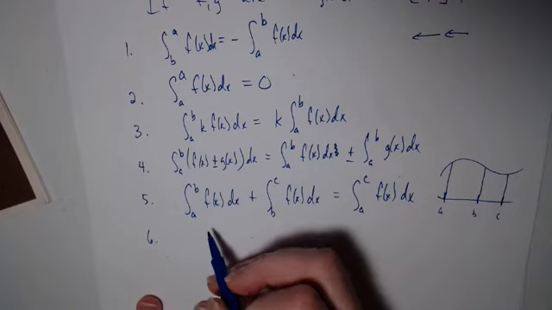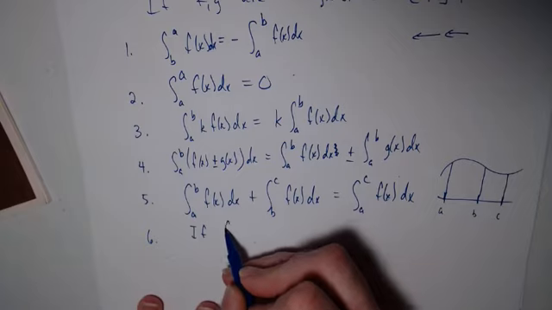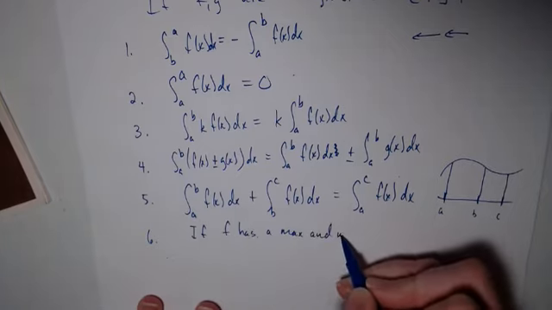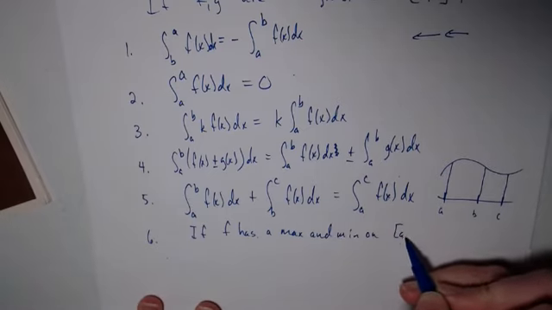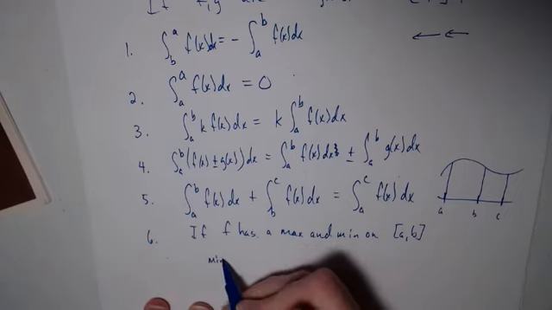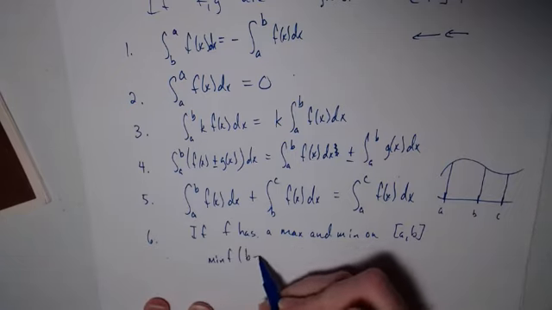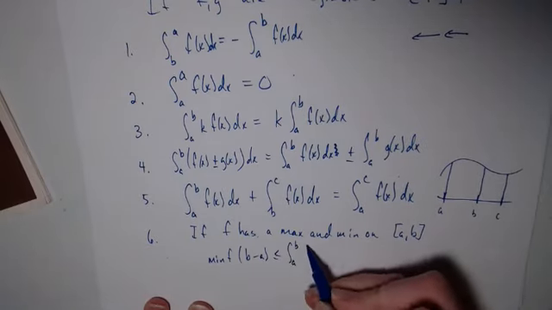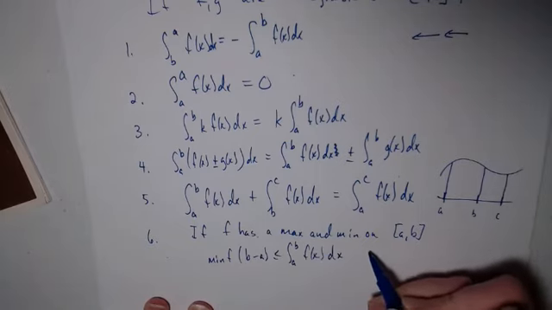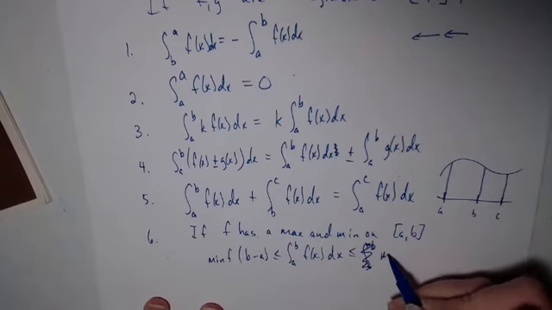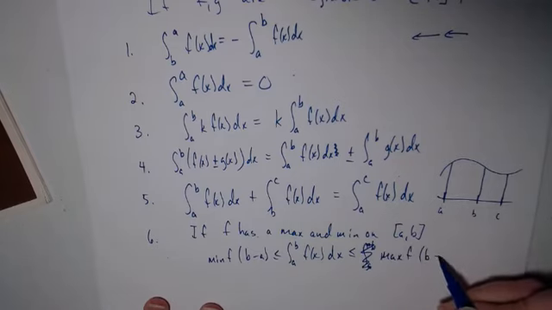Let's see, 6. If f has a max and min on AB, then the minimum value of f times b minus a is less than or equal to the integral from a to b of f of x dx, and that's less than or equal to the maximum value of f times b minus a.